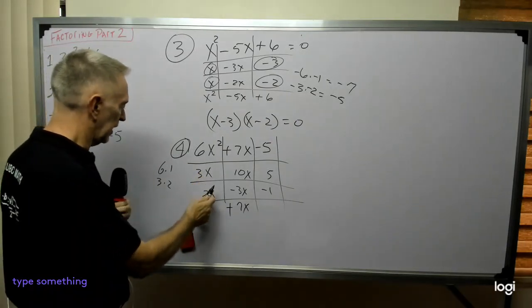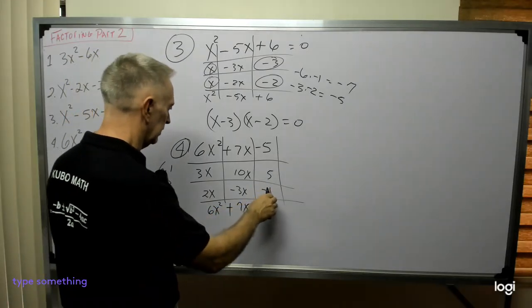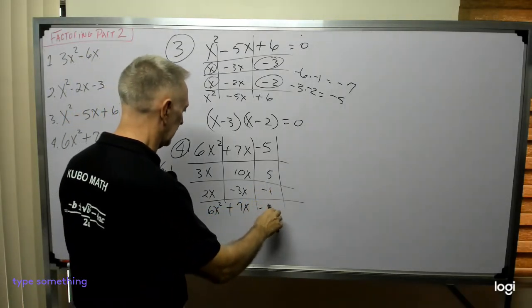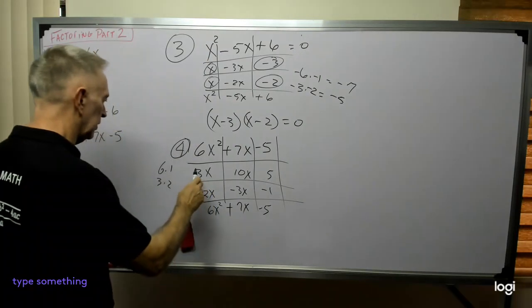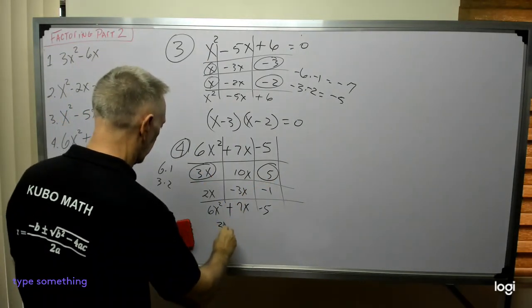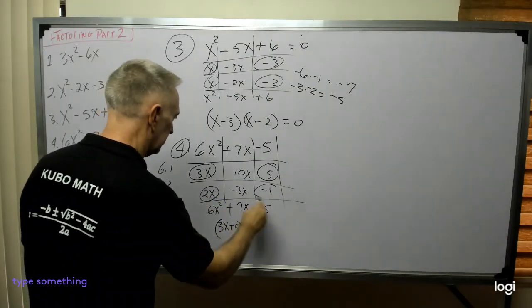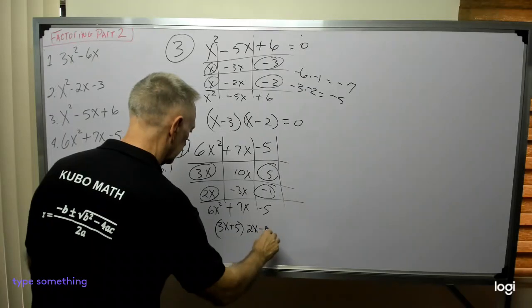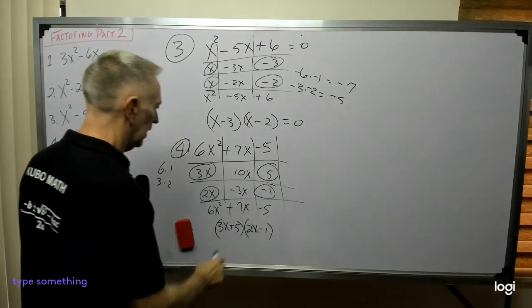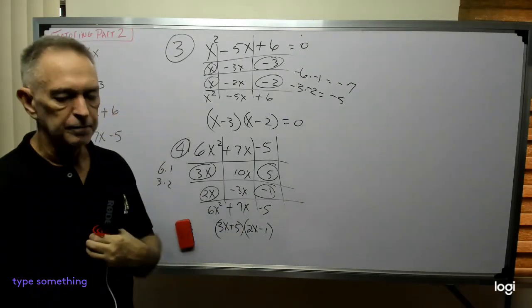So now 3x times 2x is 6x to the second power. Negative 1 times 5 is negative 5. So the factors then become 3x plus 5, 2x minus 1. And again, if these were set equal to 0, we could solve for x in each one.